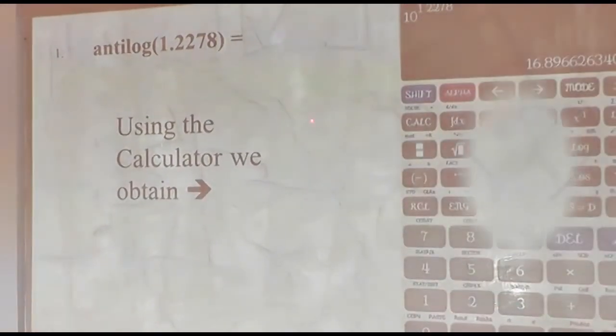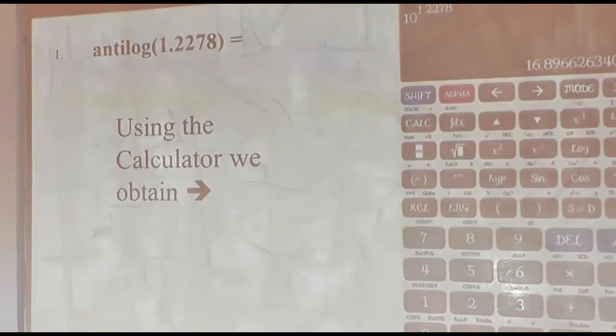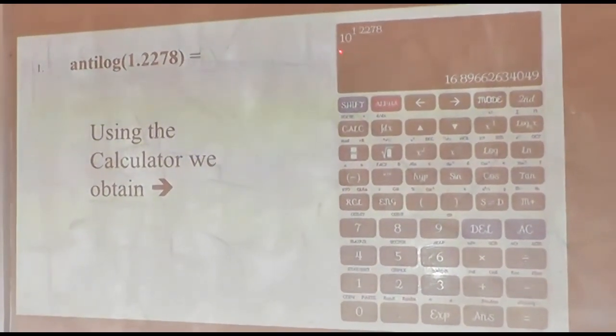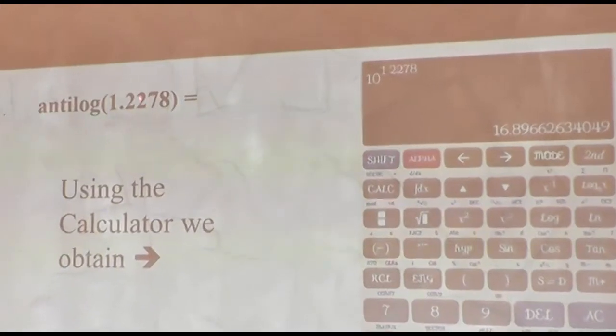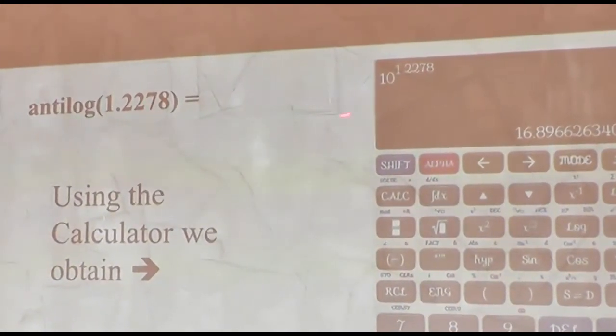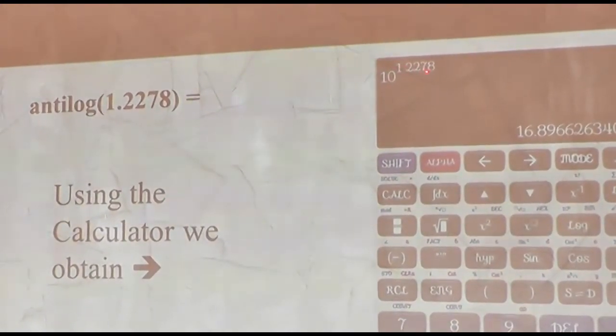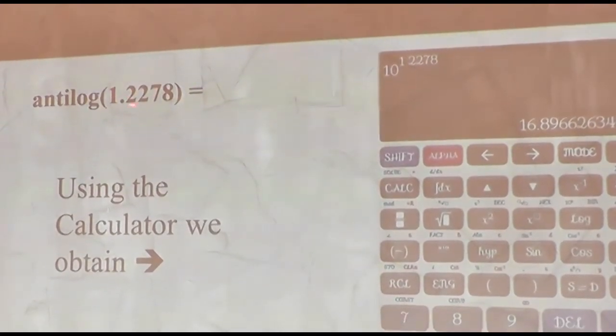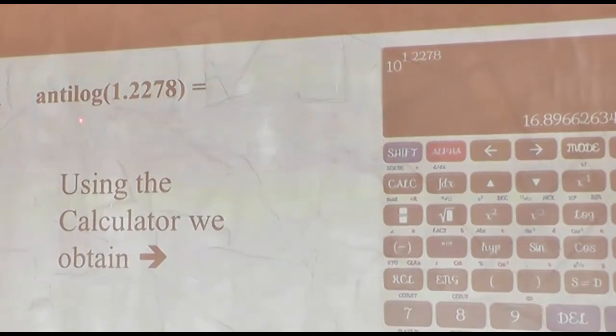Alright? So we can also use a calculator to find the antilogarithm. Just 10 raised to the power of the logarithm you are given. Remember, we said logarithm is power. And I said antilog is like the opposite of logarithm.